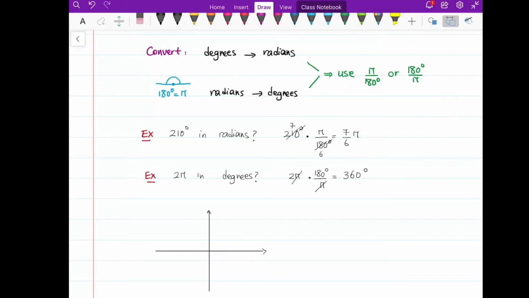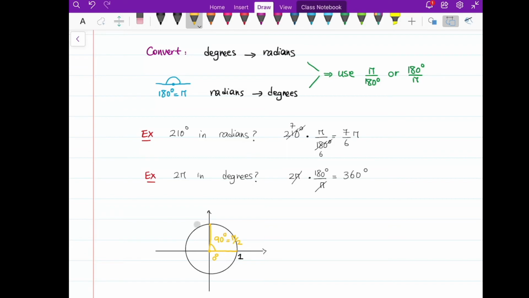Okay, let's go to the unit circle and review the angles. If I have this one in here, the angle would be 0 degrees or 0 radians. This is basically the unit circle. Then the whole angle that I get in here is 90 degrees, which is pi over 2.